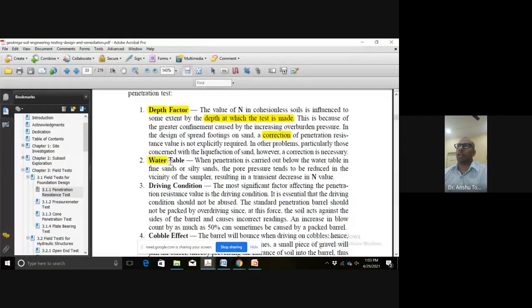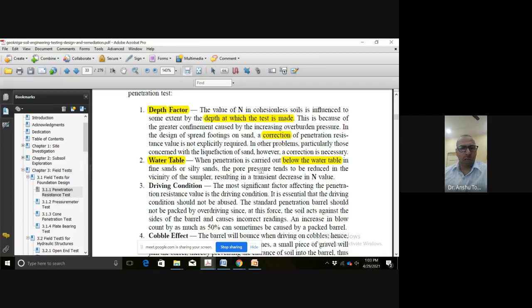Then next is water table. If the penetration is considered, as I have given you an example of the construction of a bridge. Let us say we want to do the testing not for the abutment, which is at the extreme end.